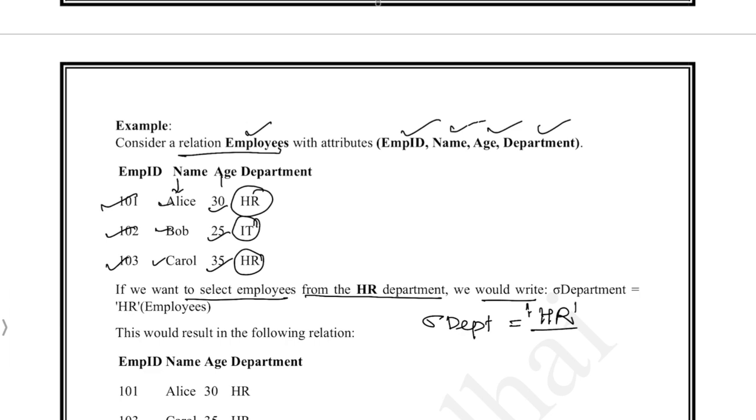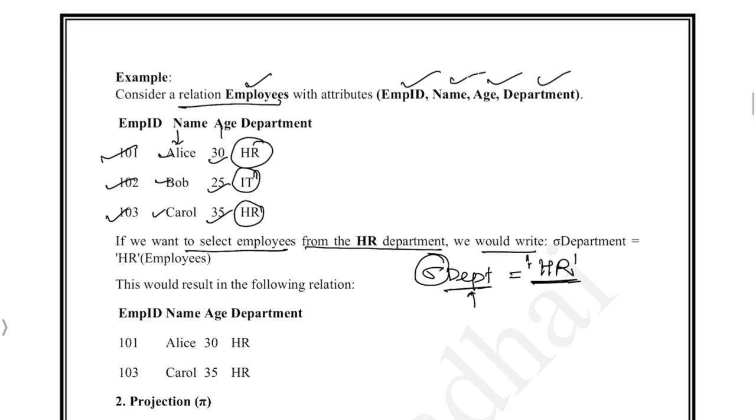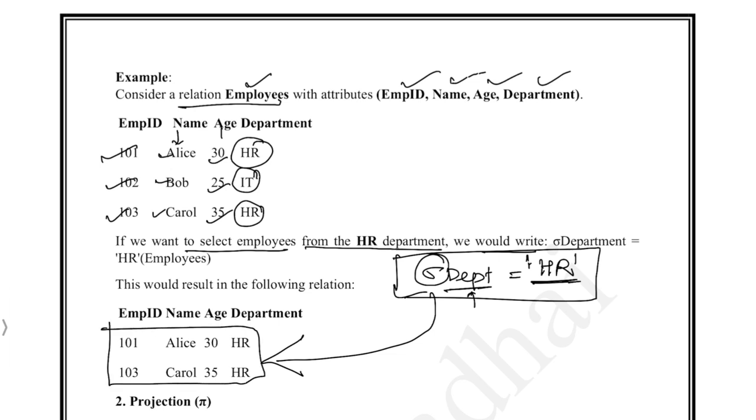Here we are giving the condition, and here is the table name, followed by applying the sigma operation, which is the selection operation. This would result in the following relation. When you query this, you get the subset of rows where the department is HR. You will get 101 and 103. You see 102 is from the IT department, so obviously that result I won't get.